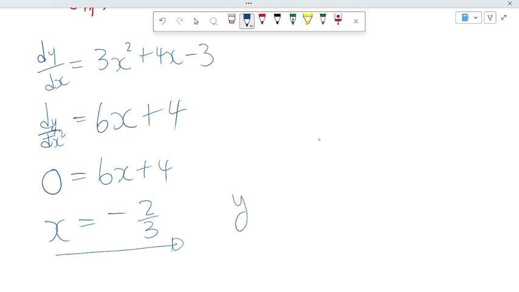To find the y value, you put this value back into the original equation.